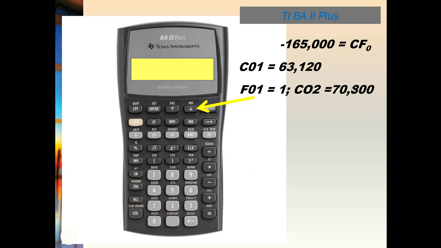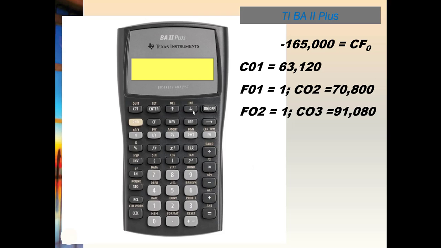Once you enter the number, don't forget to press the enter key to save your entry. Then you press the down arrow key. It will come to the frequency for the second cash flow. If it only happened one time, the default is 1.